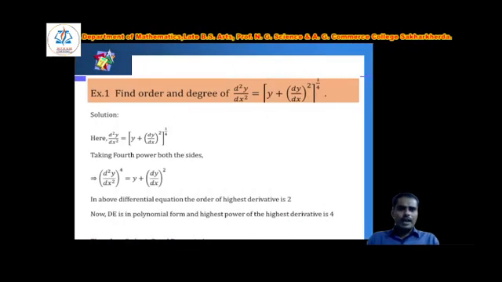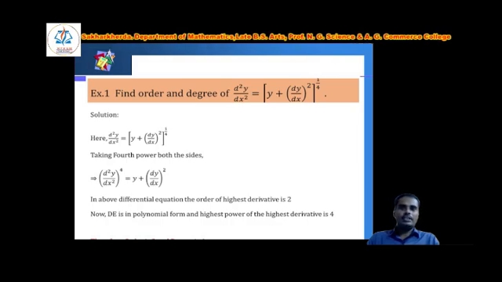Then find the order and degree of the differential equation d2y by dx square equals y plus (dy by dx) square, all to the power 1 by 4. Directly we can't find the order and degree, so we have to simplify here.